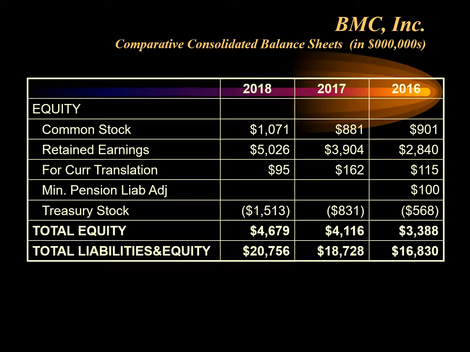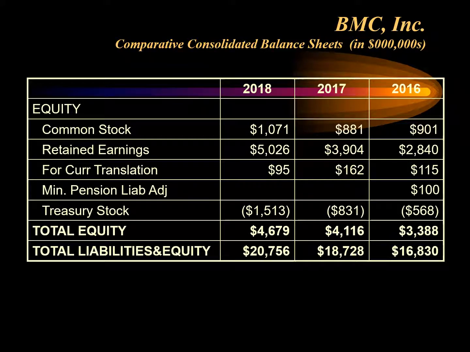If they're underfunded and too leveraged because they haven't put enough money away to cover those expenses in the future, they might take a chunk of money out of equity to help them catch up. So here you can see in 2016 they took $100 million out of their equity account to help fund their pension account. And we already talked about treasury stock.